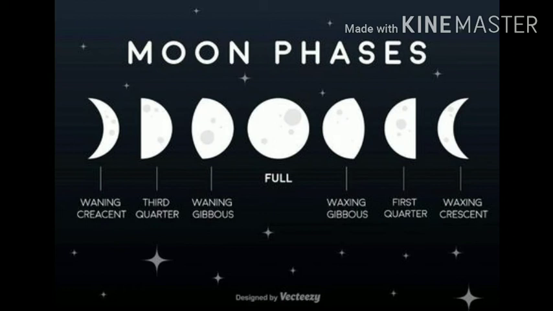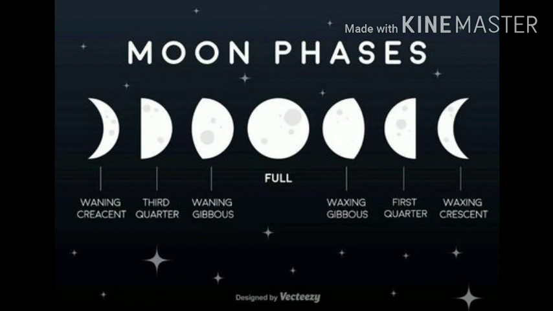The shape of a particular phase depends on the sunlit part of the moon that is visible to us from the earth. The rest of the part will not be visible to us.